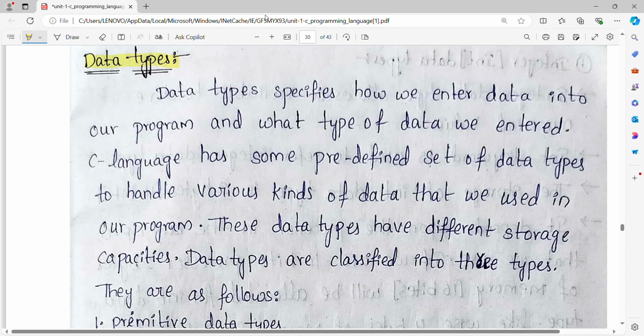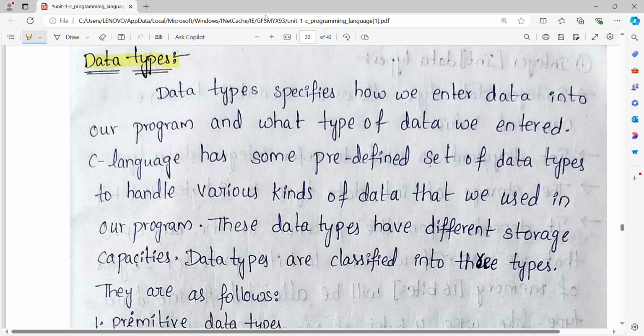How many types of data are there? In our real life, we regularly see numbers, decimal numbers. Decimal numbers are nothing but the price. If you purchase any product in a supermarket, maybe a biscuit packet, it has 10 rupees 50 paisa, 10.50. That is called a decimal number.